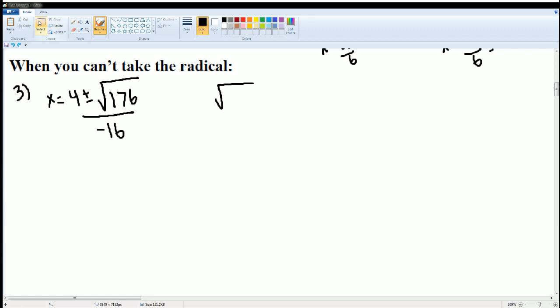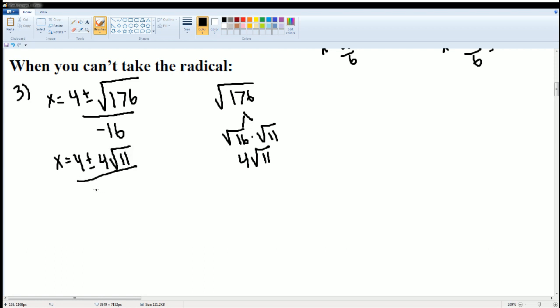Give me a second, let me pause this and do the math. The square root of 176 can be broken down into square root 16 times square root 11. Here we know that the square root of 16 becomes 4, and we multiply that by the square root of 11. Simplify this: x is equal to 4 plus or minus 4 radical 11 divided by 4.